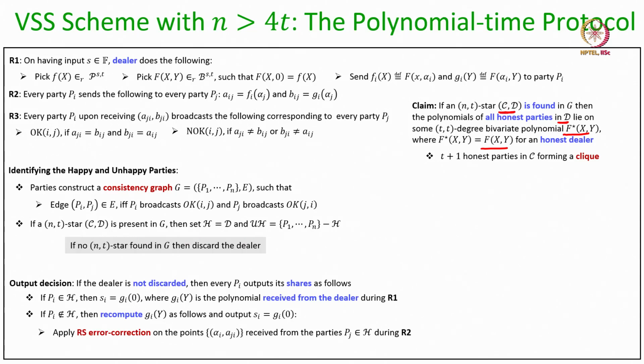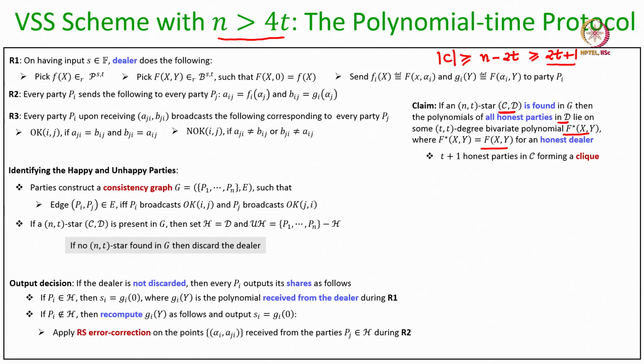what will be the cardinality of the C component of the star? The cardinality of the C component of the star will be at least n minus 2t, and n minus 2t means at least 2t plus 1, because we are working with the condition n greater than 4t. That means there are at least 2t plus 1 parties in the C component of the star.